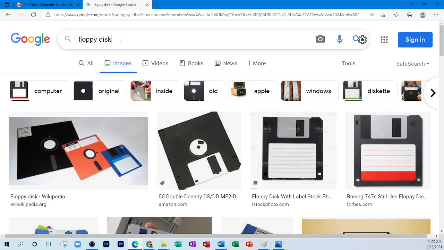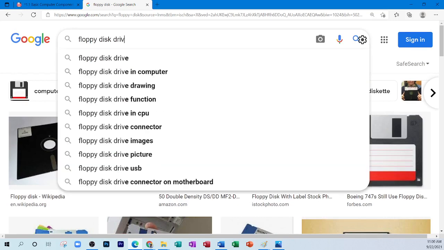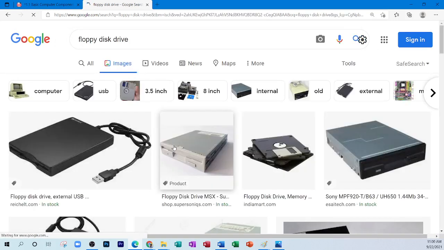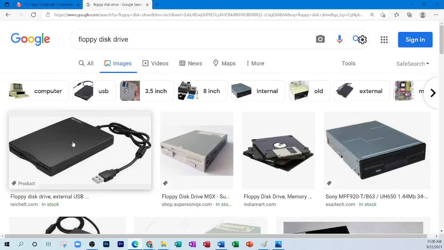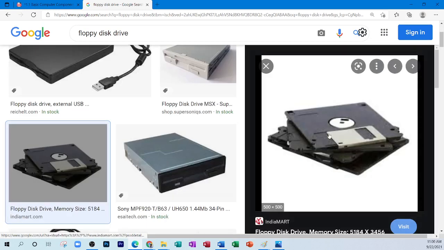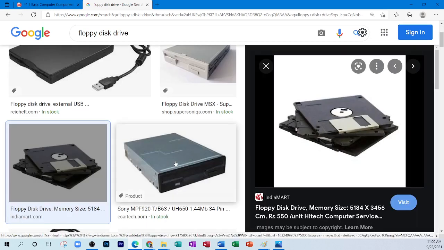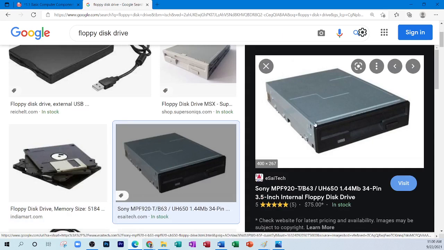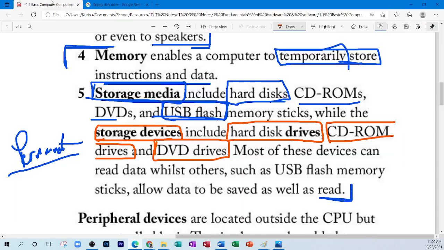And if you were to search for a floppy disk drive, notice this is what's going to come up here. This device here is the floppy disk that you're seeing showing up as a disk. But this device here, this is the drive. This is the floppy disk drive that you put the disk into so that it can be connected to the computer. So that's the difference between the two.